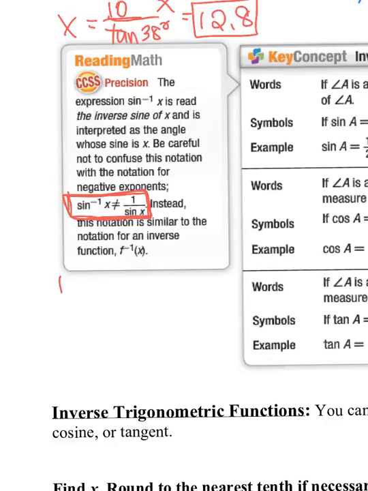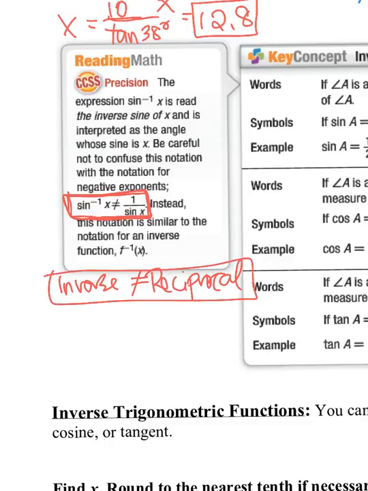I'll even write that down. So inverse does not equal reciprocal. I know that gets confused a lot because with exponents, if we have 2 to the negative 1, that equals 1/2.